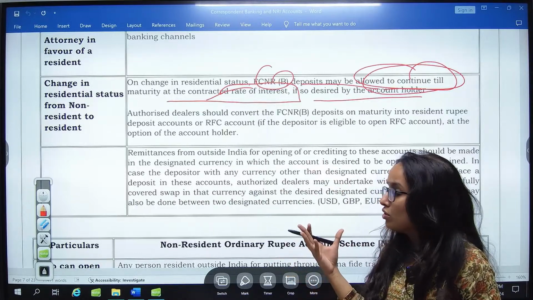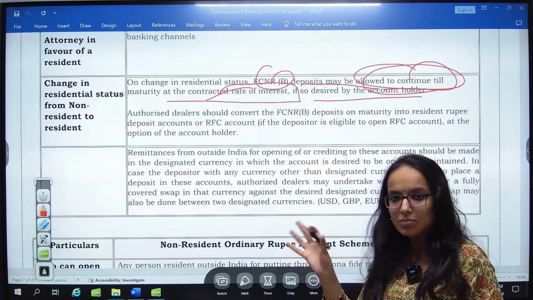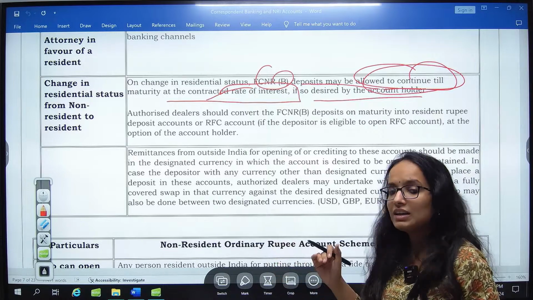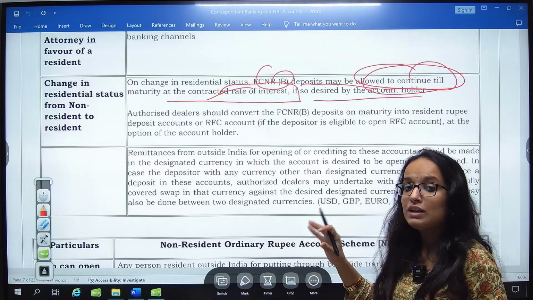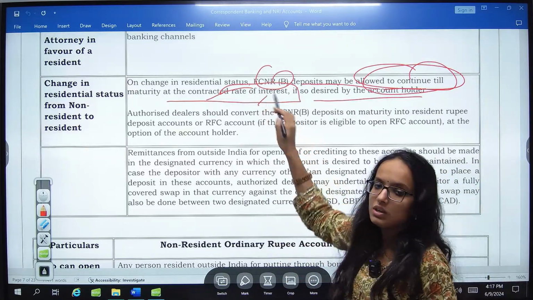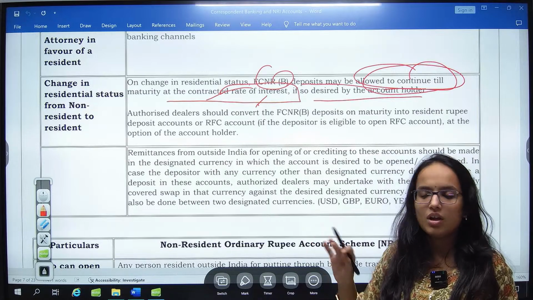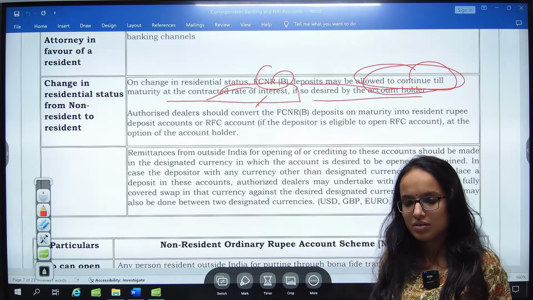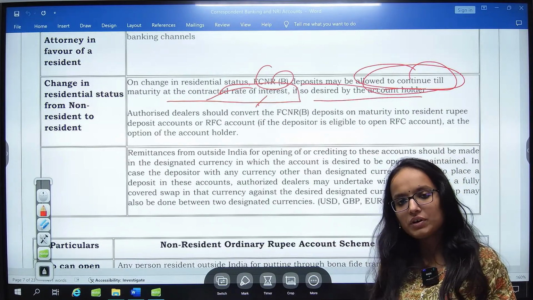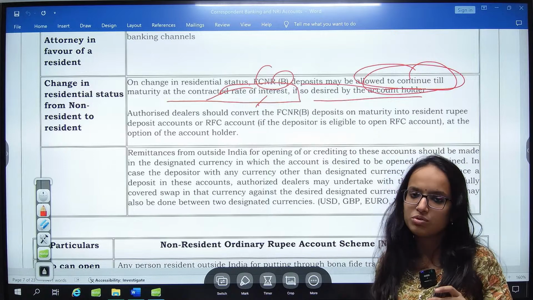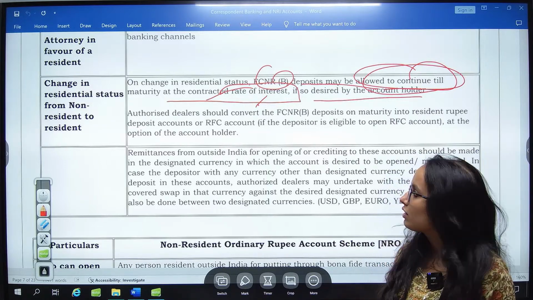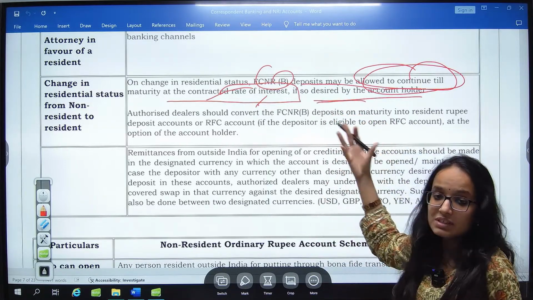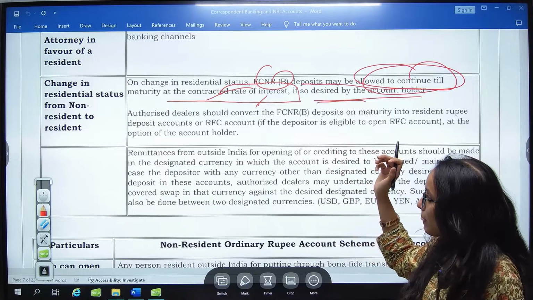Whatever is the term deposit maturity of your account, till then you can operate it at the contracted rate of interest only. You will not be charged any extra, at the rate of interest which was fixed during the contract, if it is desired by the account holder.